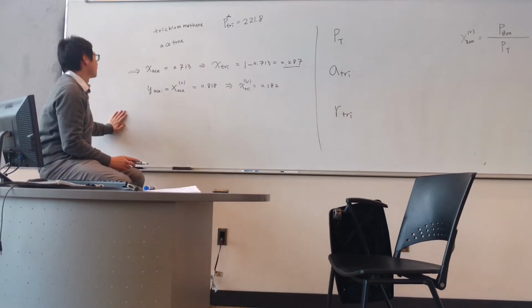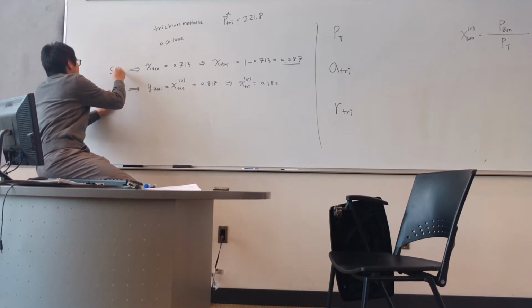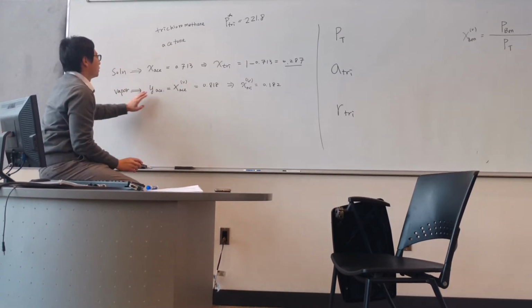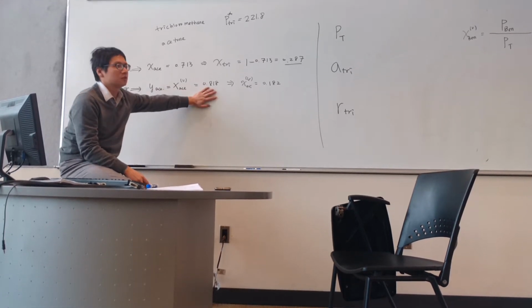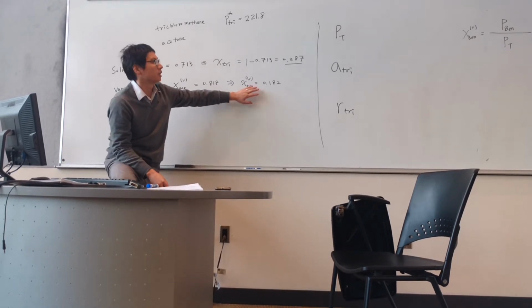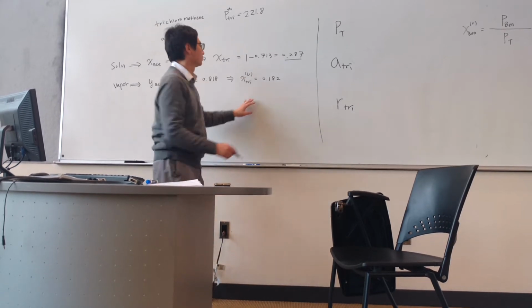And then in the vapor phase, the mole fraction for your acetone is this much, and therefore for your trichloromethane it will be that much. This is 1 minus this, you get this.